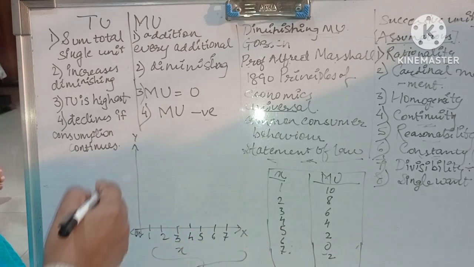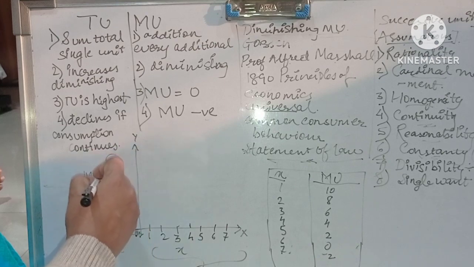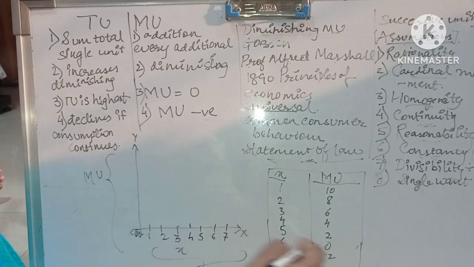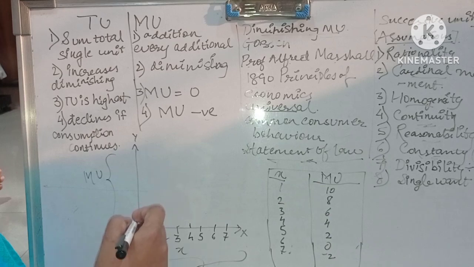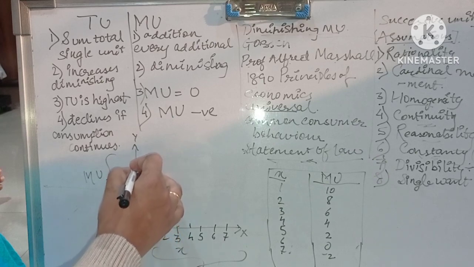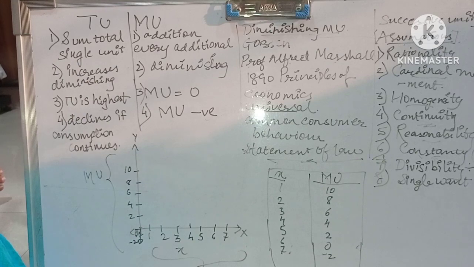This is commodity X and this is marginal utility. It starts from -2, so here I'll extend this. Here it is -2, then 0, then comes 2, 4, 6, 8, 10. Okay, so this is how it will come.